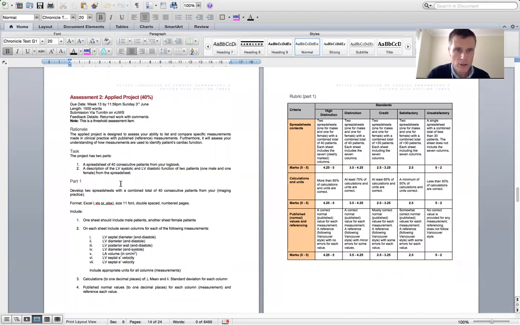The applied project, I'll just have to spend 5 minutes or so explaining, and then you will probably need to read through this learning guide again yourself just to get your mind around this. It'll take you a little bit of time just to work out exactly what you need to do.